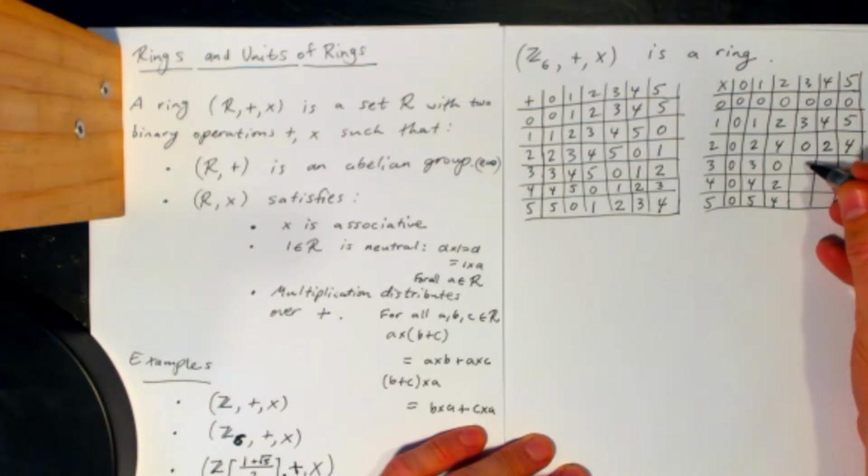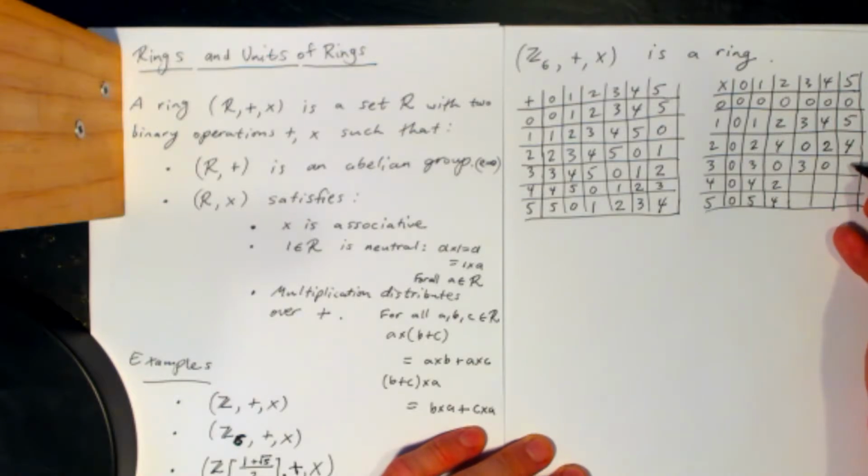Okay, 3 times 3 is 9, which reduces to 3. 3 times 4 is 12, but that's divisible by 6, so we get 0. 3 times 5 is 15, which is 3 more than a multiple of 6.